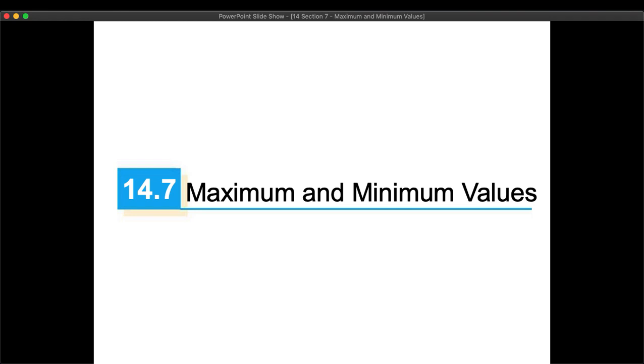So please take that into account and trust the system, trust the method. And if you trust the method and you do the method properly and use a little bit of your own algebraic intuition, you should be able to get through this section no problem. And this section actually leads very, very nicely into section 14.8, which is, again, Lagrange multipliers, which I'll be discussing next.